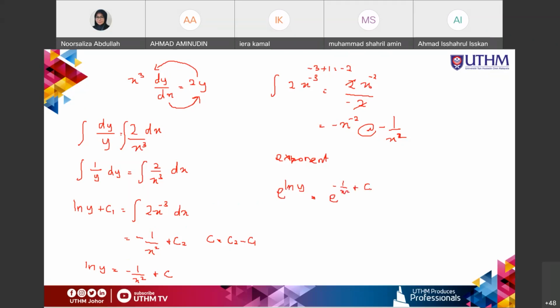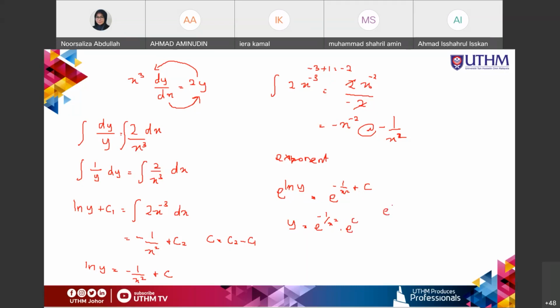So exponent ln y, awak akan dapat y, equals to exponent minus 1 over x kedua plus dengan exponent c.